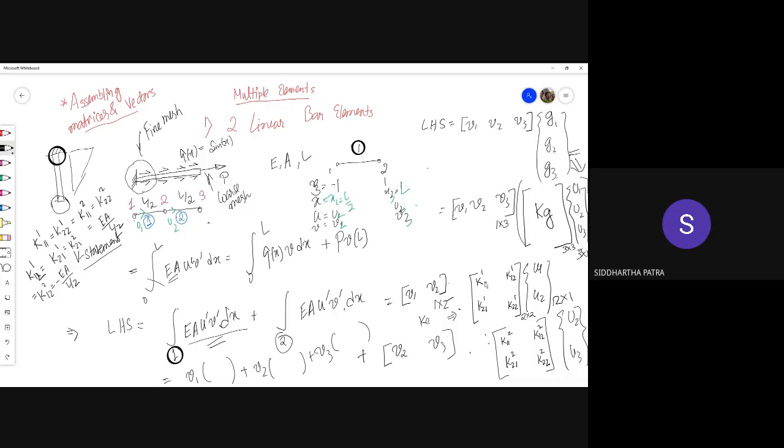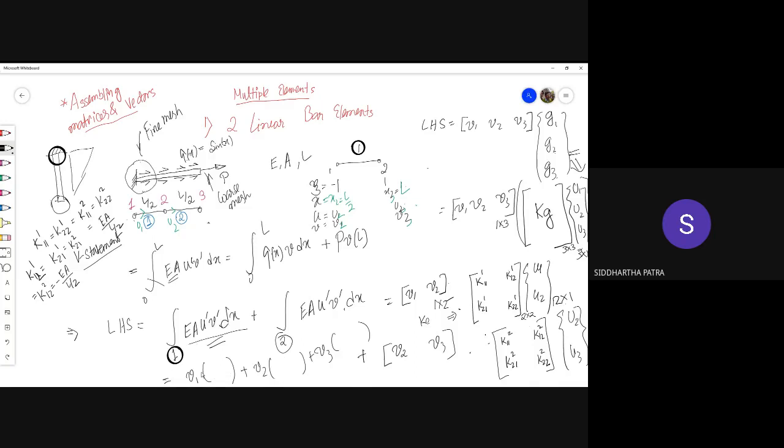First of all, there is no prime. Okay, so this is k11 1. That 1 stands for it is coming from element number 1. Similarly, k11 2 represents the stiffness term that comes from element number 2. There would not be separate terms of v1, v2 and v3. I mean, yes, of course there would be terms separate for v1, v2 and v3.